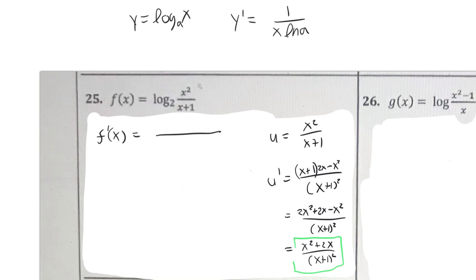But down below, it's going to be literally x squared all over x plus 1 times ln of 2. Now, in the numerator, we're going to have this green box, right? So in the numerator, we're going to have x squared plus 2x all over x plus 1 squared.